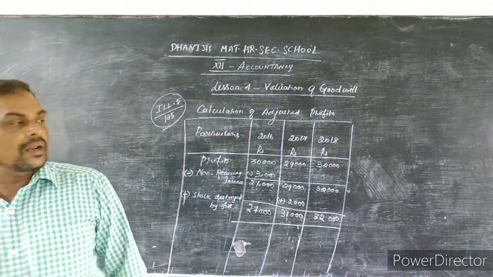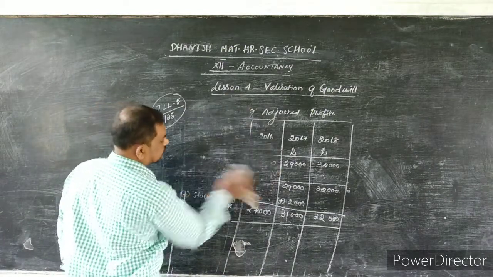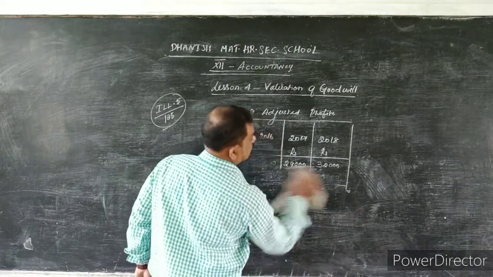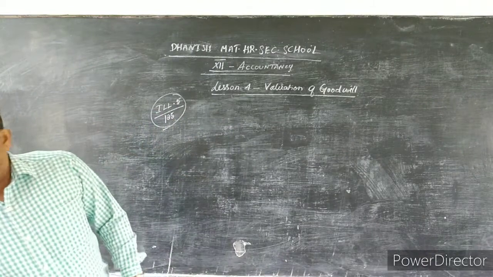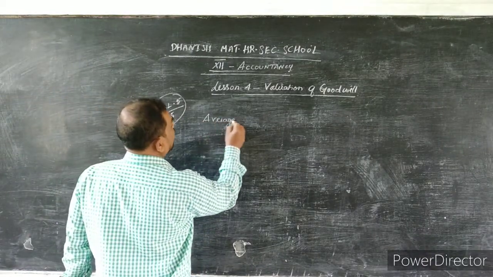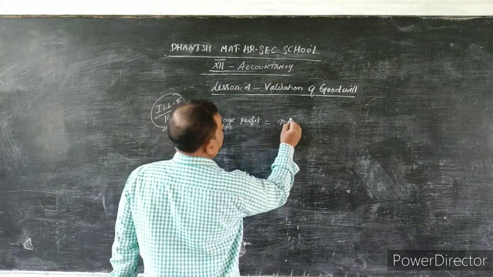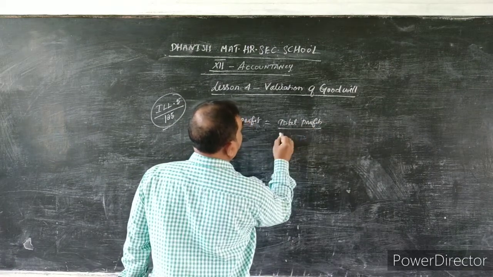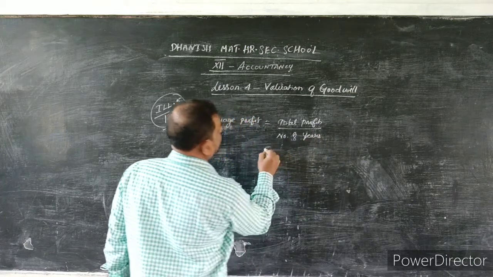Now I will calculate the average profit with the help of this information. So average profit is equal to total profits divided by the number of years. What are the total profits?